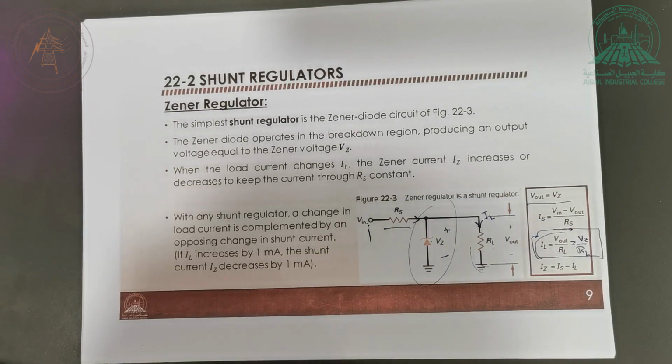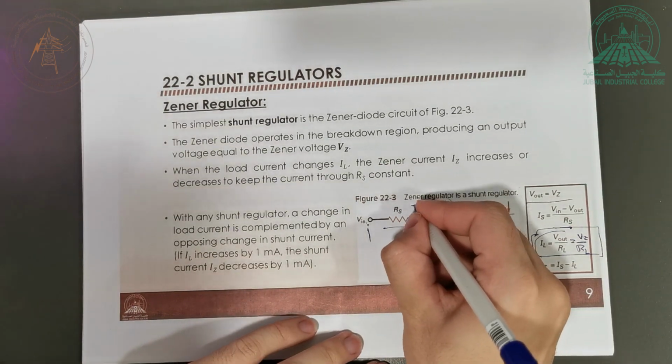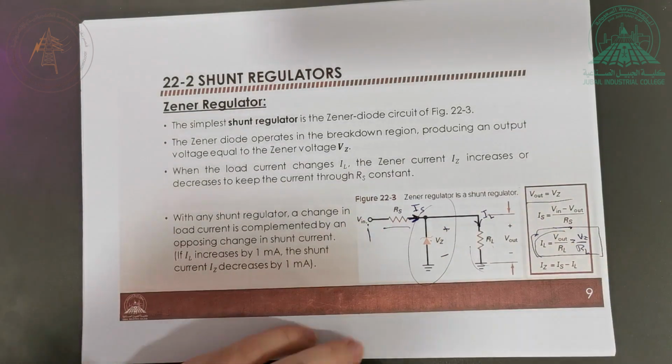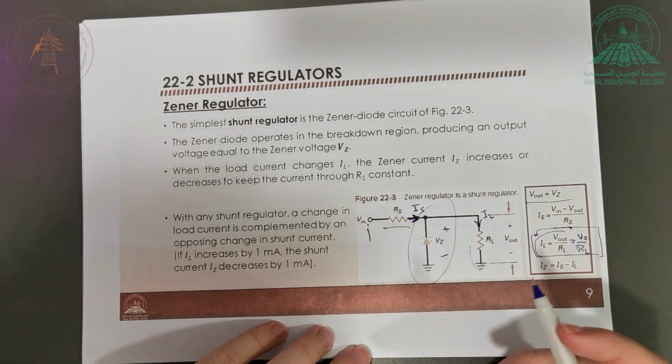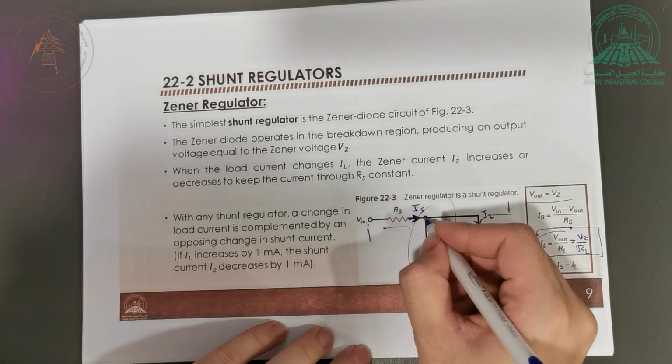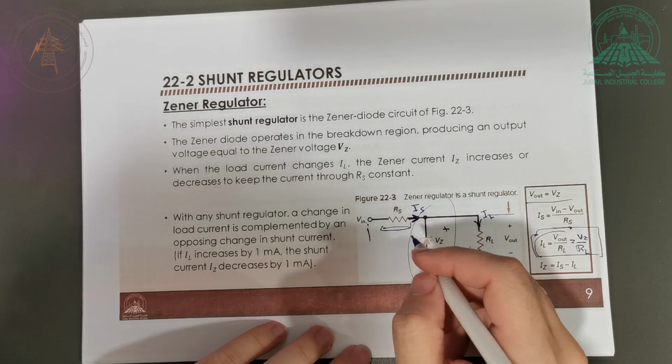So the current here is equal to VZ over RL. How about this current? This current is called IS, the current coming from the source. How much is IS? In order to find the current IS, I can apply Ohm's law on this resistance.